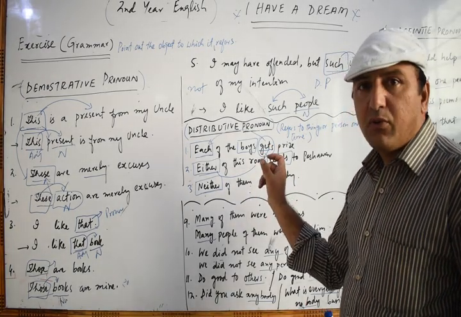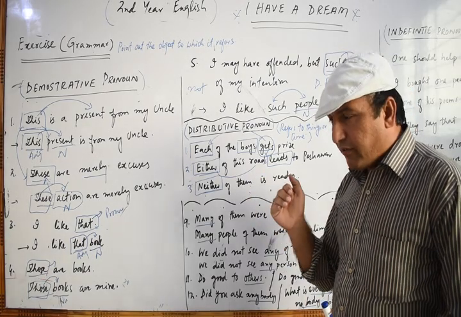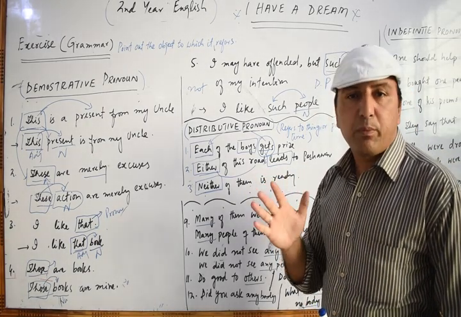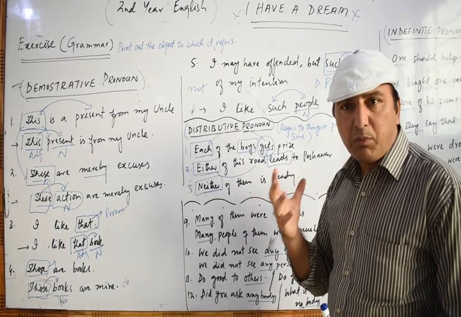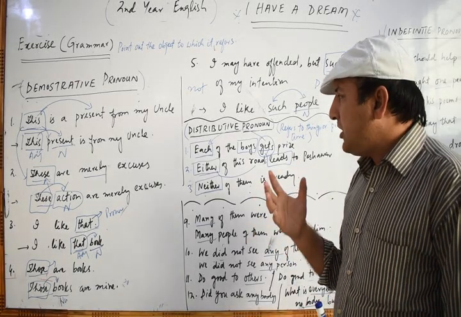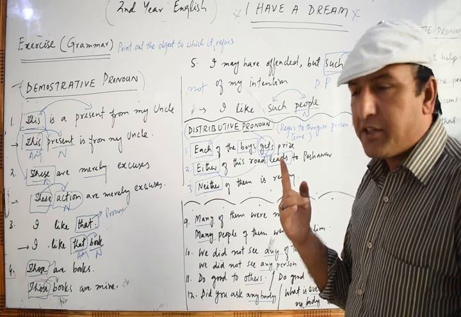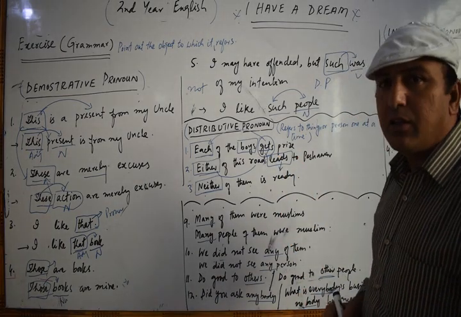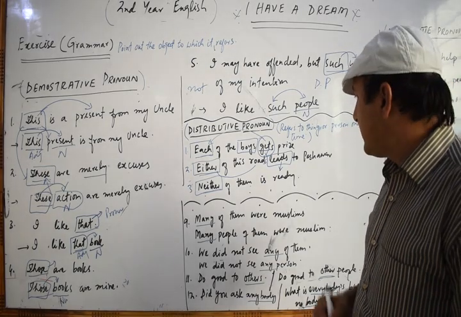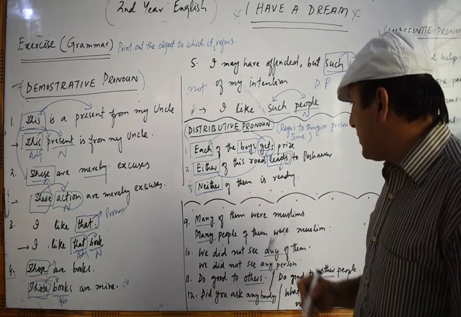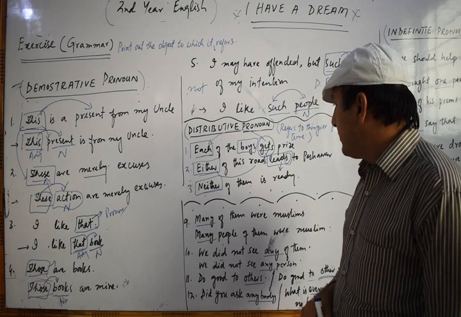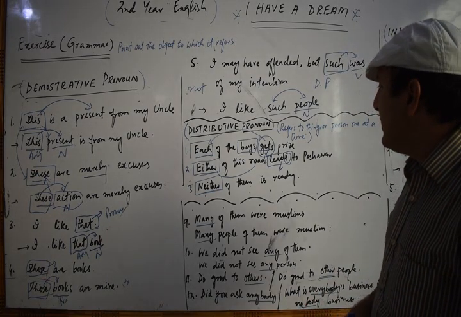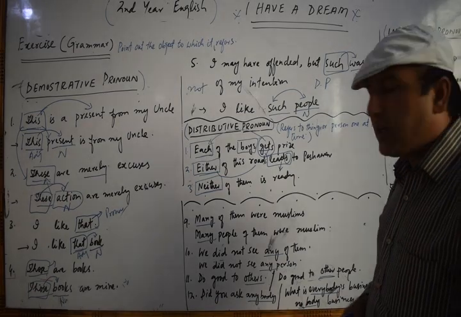Roads is a group of roads, and either refers to one road at a time. So that is why we use the verb leads, not lead, because we have this S. So it is a singular verb. So either of these roads leads to Peshawar, not lead to Peshawar.